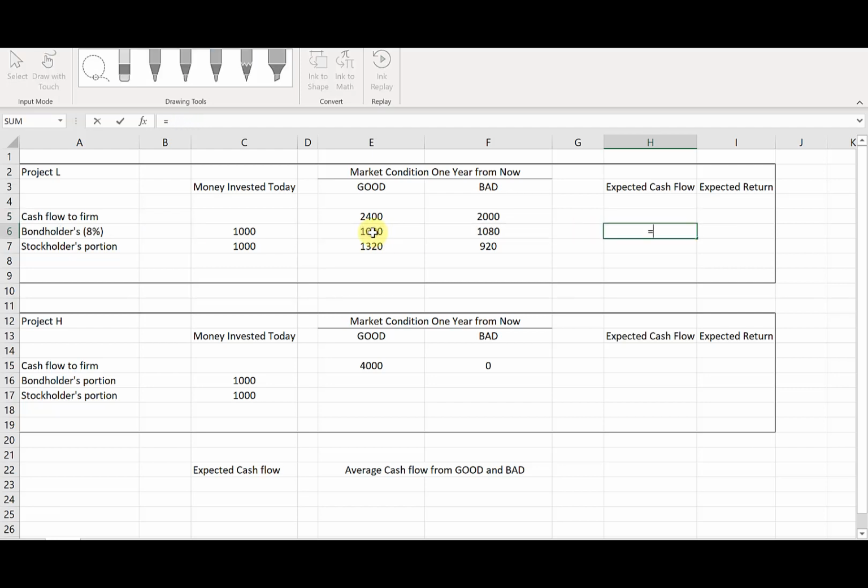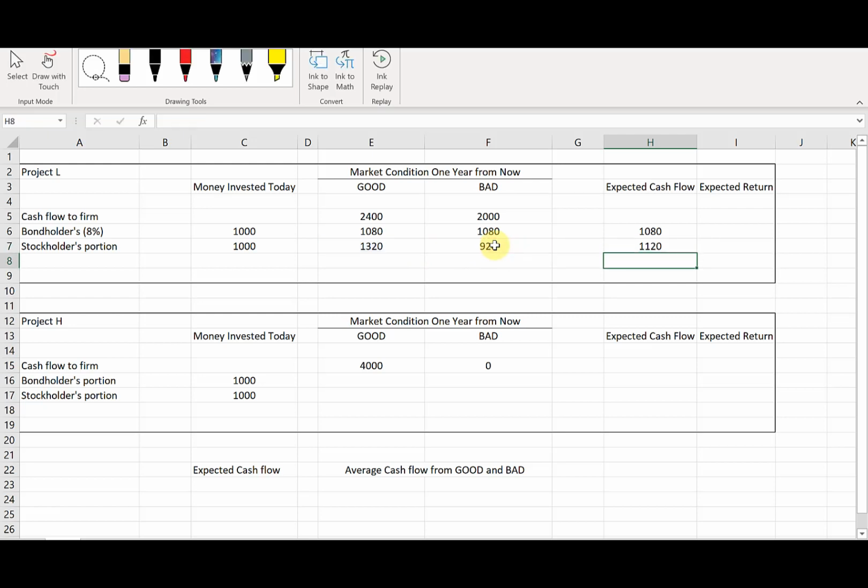Let me do the average for the bondholders. The average of 1,080 and 1,080 should be 1,080 because it's the same number. Now let's take the average between 1,320 and 920. Again, you don't need Excel to do this.